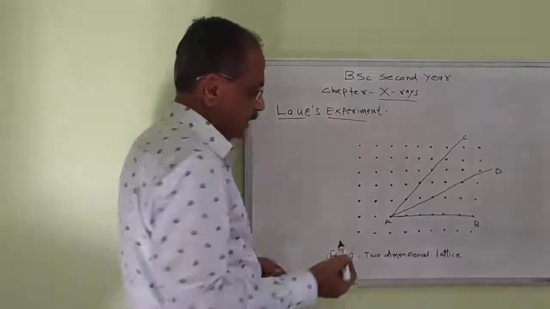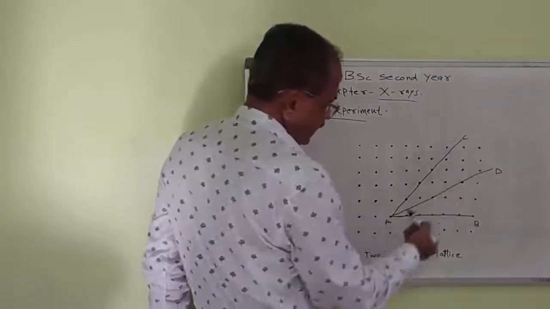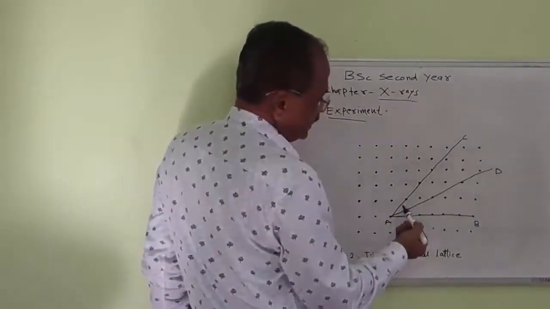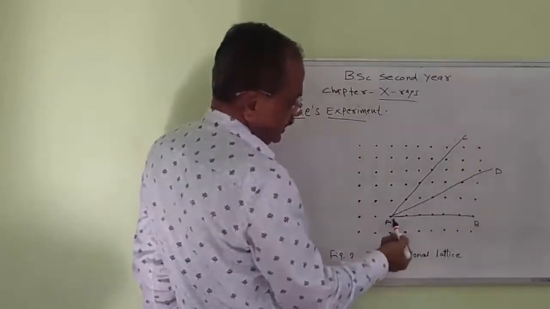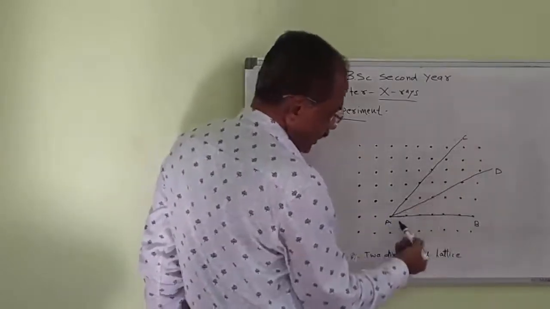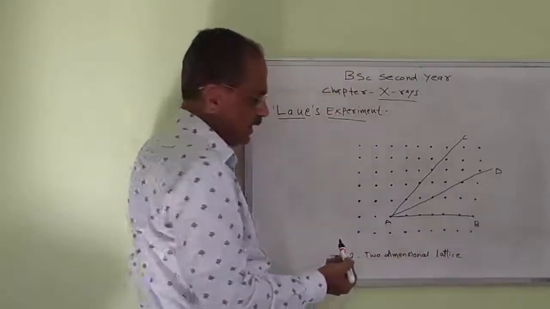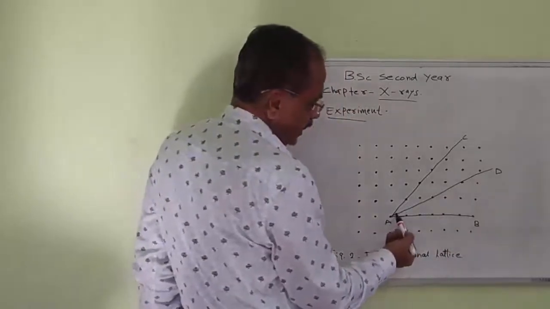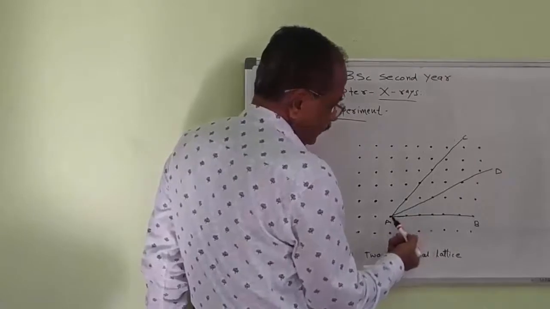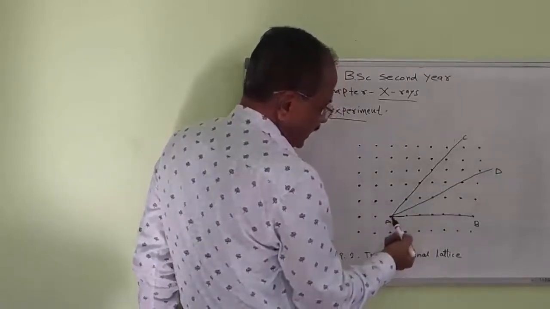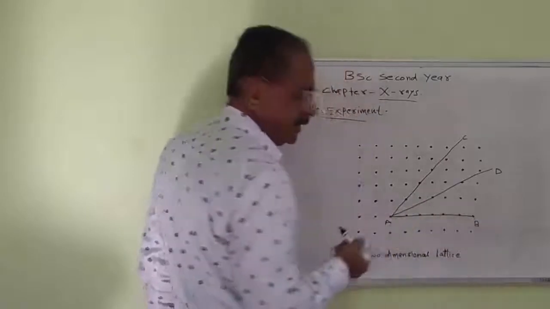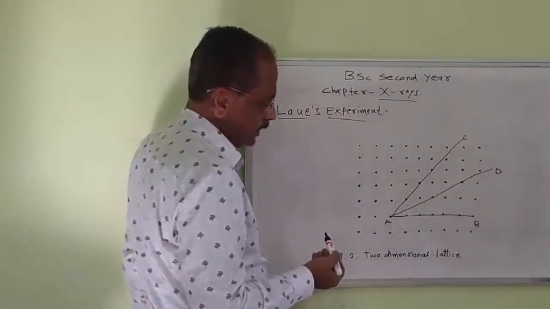less. If we consider another line AC, in this case the concentration of the points is less as compared to line AB, so the intensity of the X-ray along the line AC is more than that of line AB.